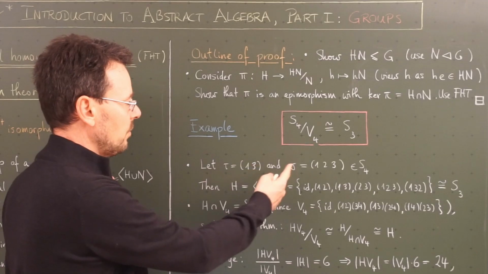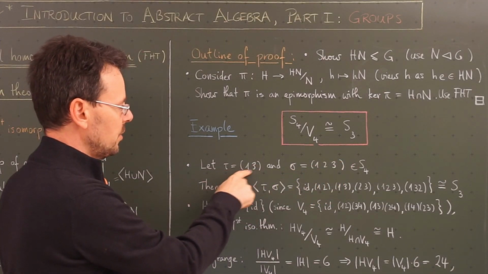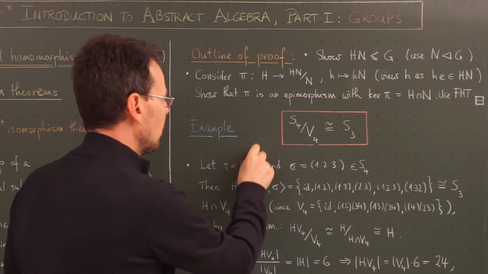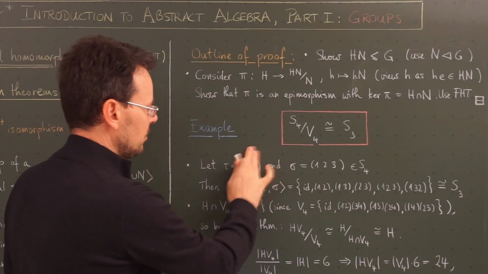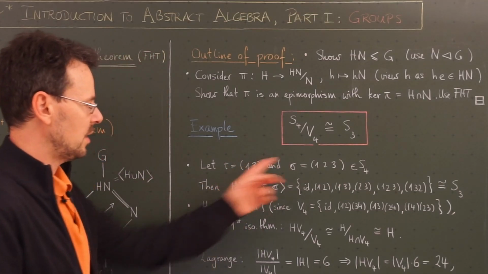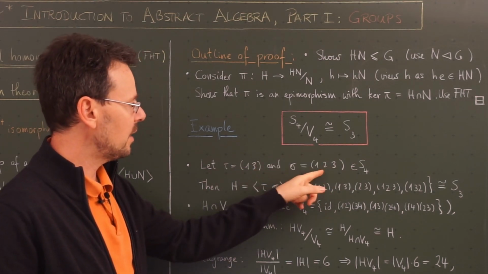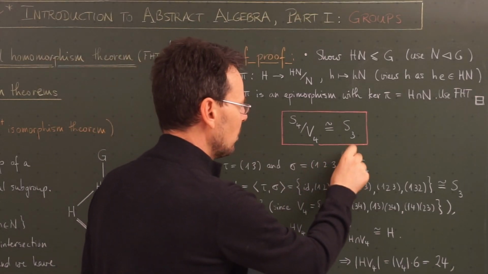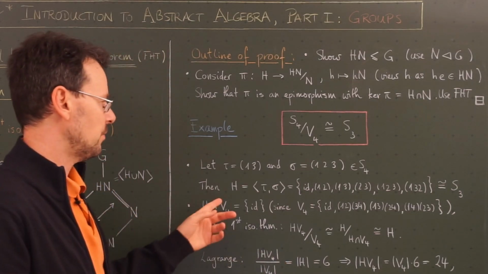Okay, we take the following 2 elements of S4. The transposition tau, which interchanges 1 and 3 and leaves 2 and 4 by themselves. So I could write it like that, to indicate that it is an element of S4. And the 3-cycle sigma, 1, 2, 3, which leaves 4 invariant, both elements of S4.